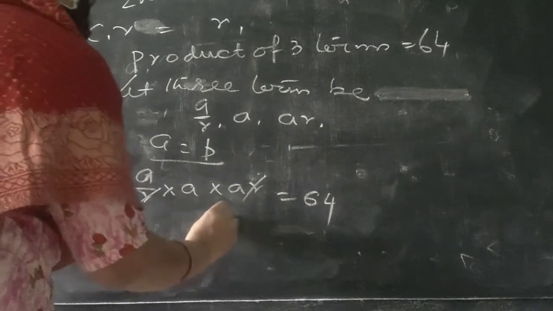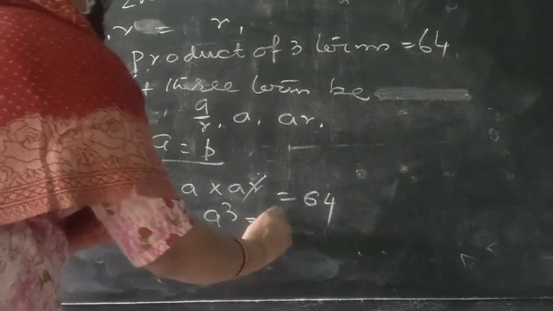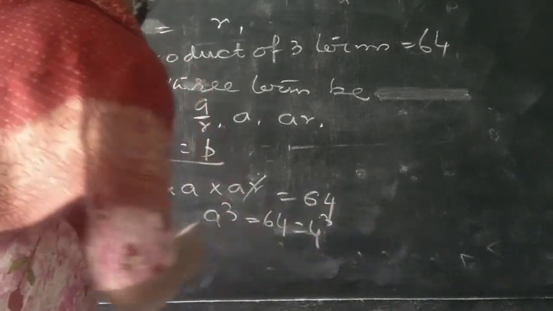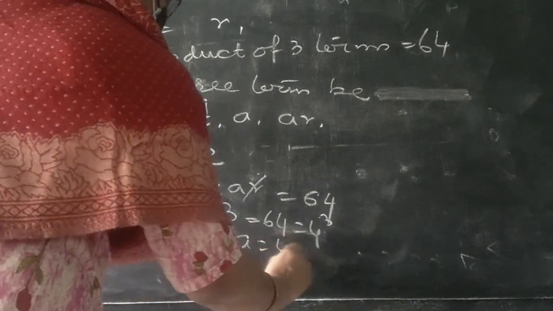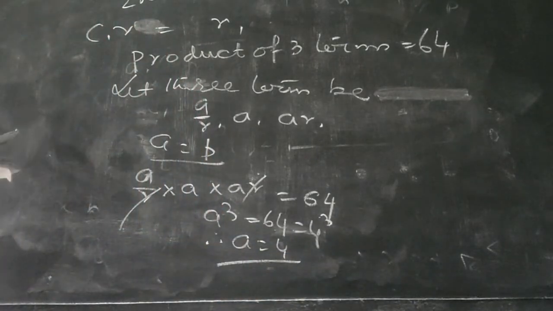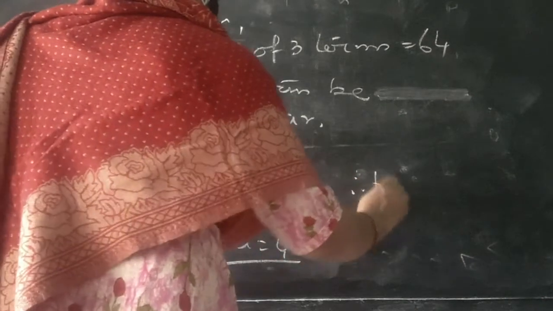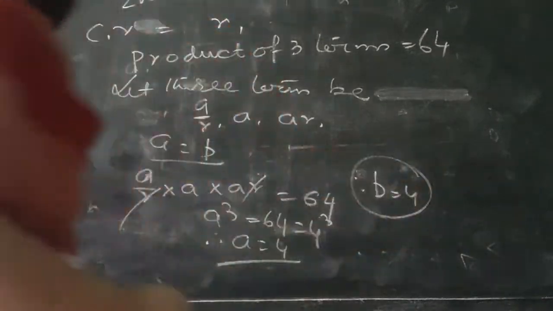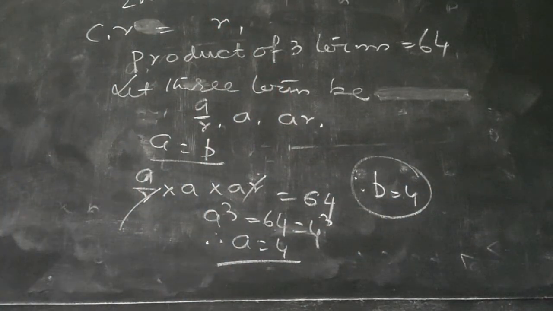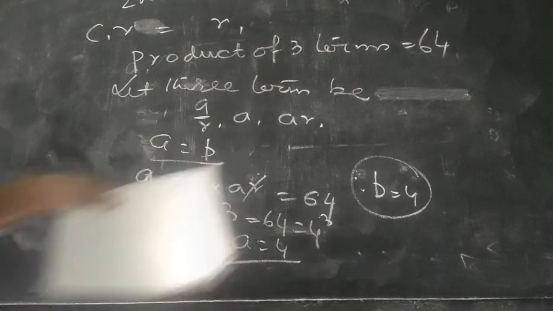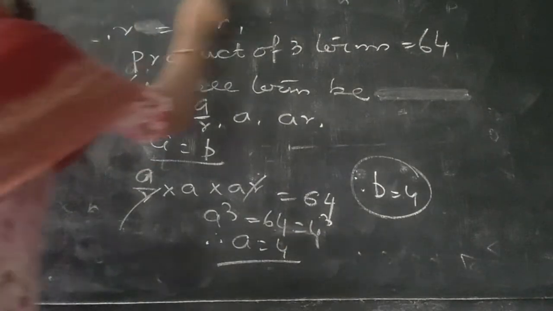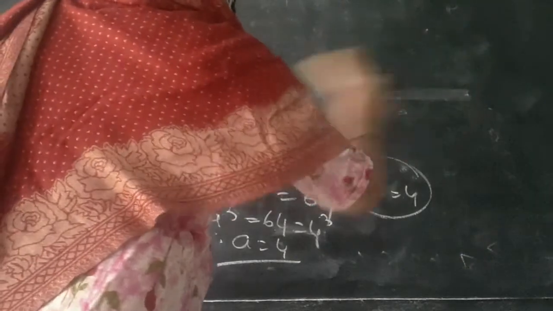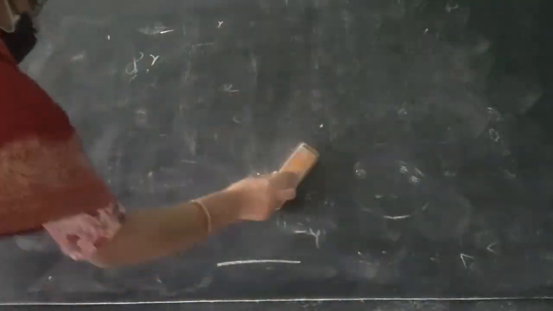So R cancels out. A cubed equals 64, this is equal to 4 cubed. So A equals 4. That means B equals 4. We have to find B. B equals 4, this will be the answer. This sum is under a very short answer type question.